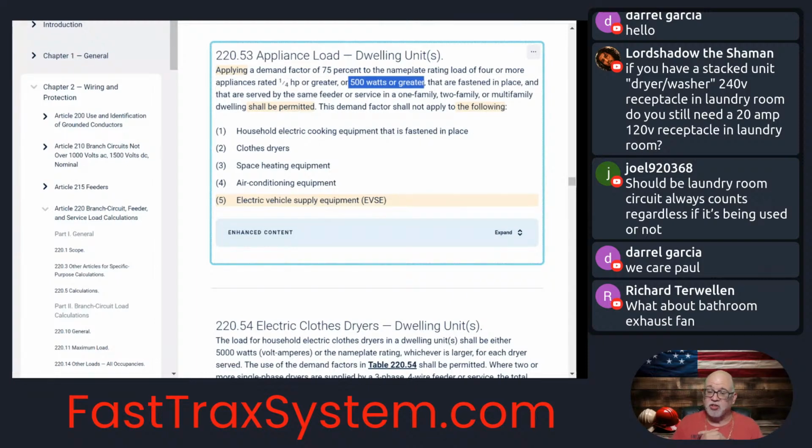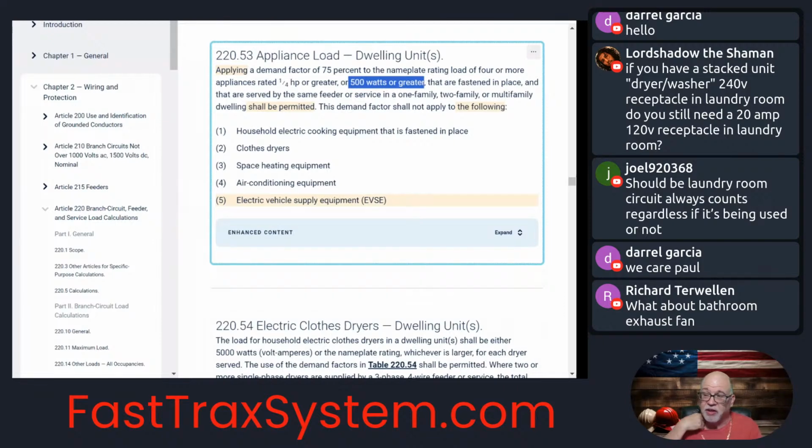Chances are those exhaust fan motors in your bathroom are not rated 1/4 horsepower or greater. They're probably much less than that, 1/16 horsepower or smaller, so they're not going to be 500 watts or greater. So that's your threshold.